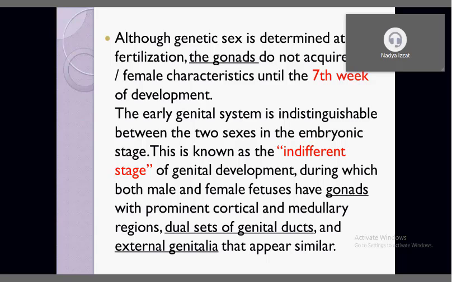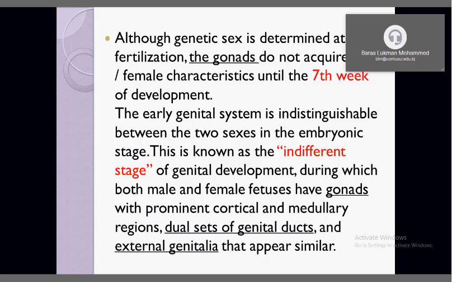Although genetic sex is determined at the time of fertilization, when the zygote has either XX or XY chromosomes, the gonad doesn't acquire male or female characteristics until the 7th week of development. Before that, there is no difference in the gonad, or it is in the indifferent stage.